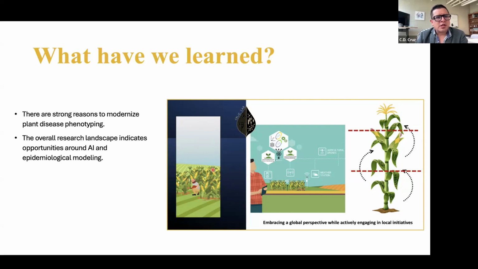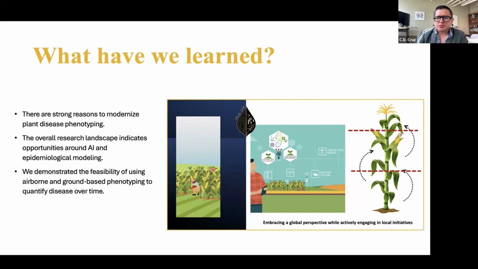The overall research landscape indicates opportunities around AI and epidemiological modeling. There's actually a paper that we recently submitted in collaboration with several labs interested in this type of work, not only in the US, but also overseas. And also through collaborations and discussions with the industry within the US and outside of the US, we know that there are many opportunities around these areas of research.